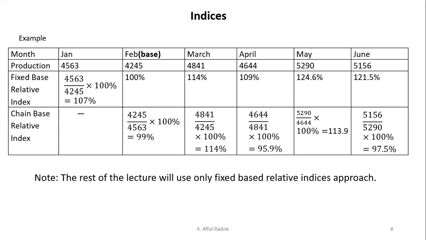So for instance, if I am in February, then January is the base period for February. If I move to March, then February is the base period for March. If I move to April, then March is the base period for April. If I move to May, then April is the base period for May.